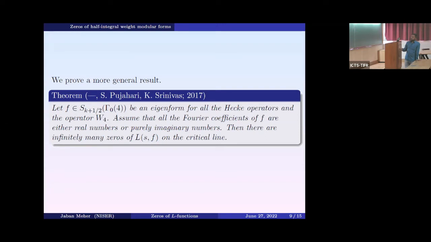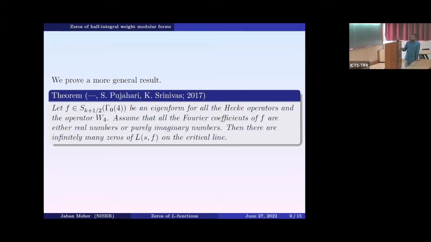Another condition is that the Fourier coefficients are either all real numbers or all purely imaginary numbers. This is required because Hardy considered a function which is real valued. We have a functional equation, and from there you deduce that the Hardy function should be real valued, and for this we need this condition.